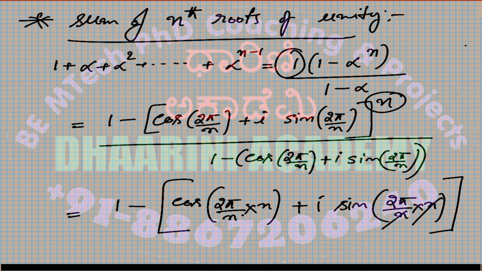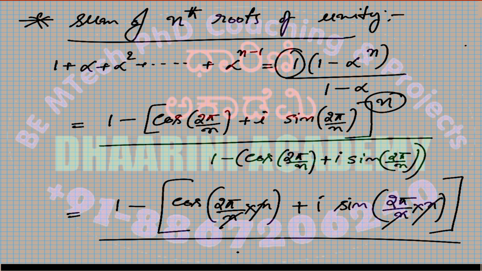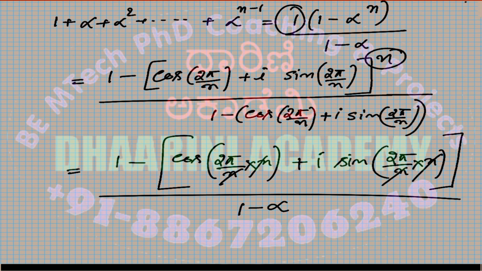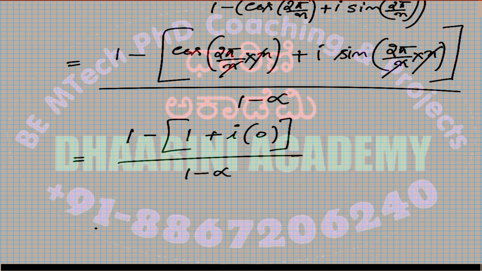So n cancels, n cancels, and you have cos 2 pi and sine 2 pi. The denominator is 1 minus alpha anyway, so that substitution is not required as of now. So cos of 2 pi is 1, plus i times sine of 2 pi, which is 0, whole divided by 1 minus alpha. Now the numerator becomes 1 minus 1, so that is equal to 0.